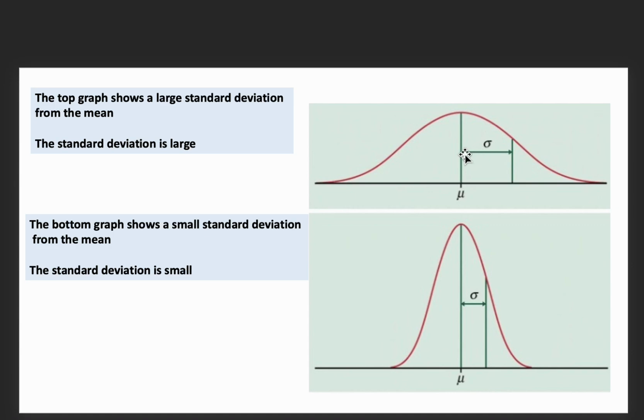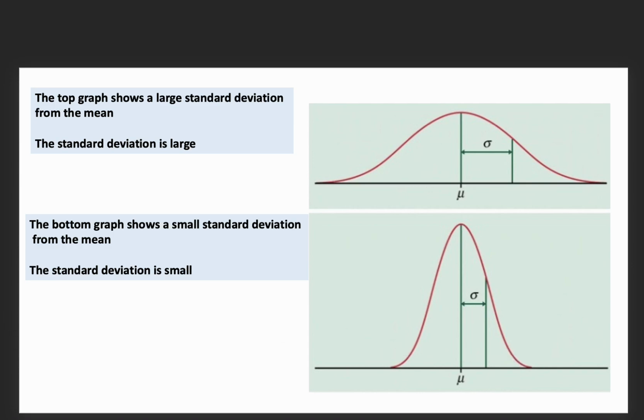A large standard deviation means the data is far away from the mean. And so it's kind of a flat distribution. The bottom graph shows a small standard deviation. The data is closer to the mean. And if you'll notice the shape, it's more peaked. It's narrower.